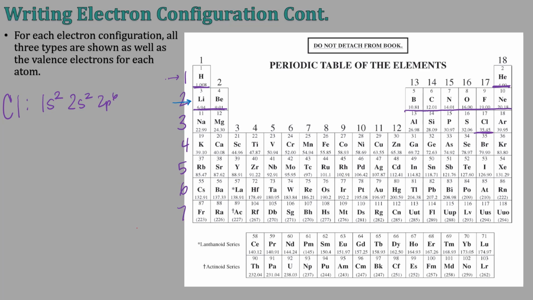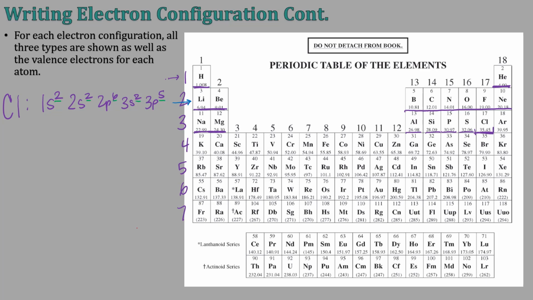And then after neon comes sodium, so I have 3s2. And then after magnesium, I have 1, 2, 3, 4, and 5. So that would be 3p5. So that's the electron configuration for chlorine. And if I add up all of the electrons that are here, there'd be 2, 4, 10, 12, and 17 electrons. So that is chlorine.